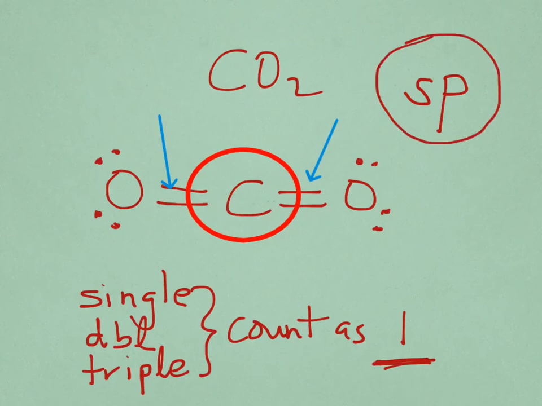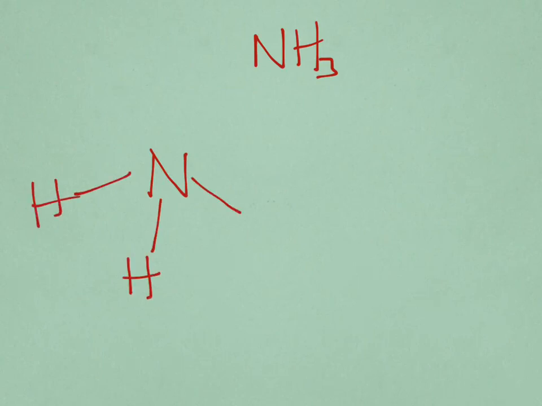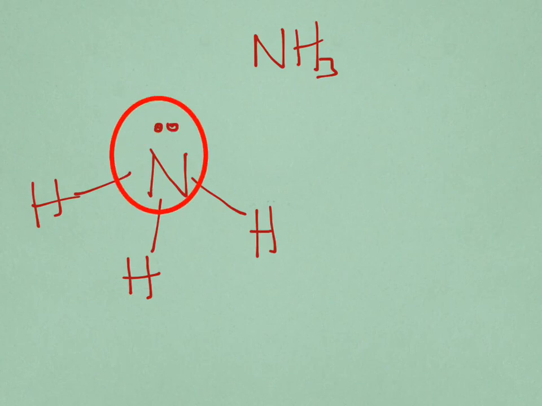All right. So now you've seen an sp3, an sp2, an sp. Let's look at something that actually has lone pairs. Last one here. So let's say we're talking about NH3. We know that it has a trigonal pyramidal geometry, and we've got the lone pair right here. Let's look at this guy right here. How many bonded and lone pairs does it have?